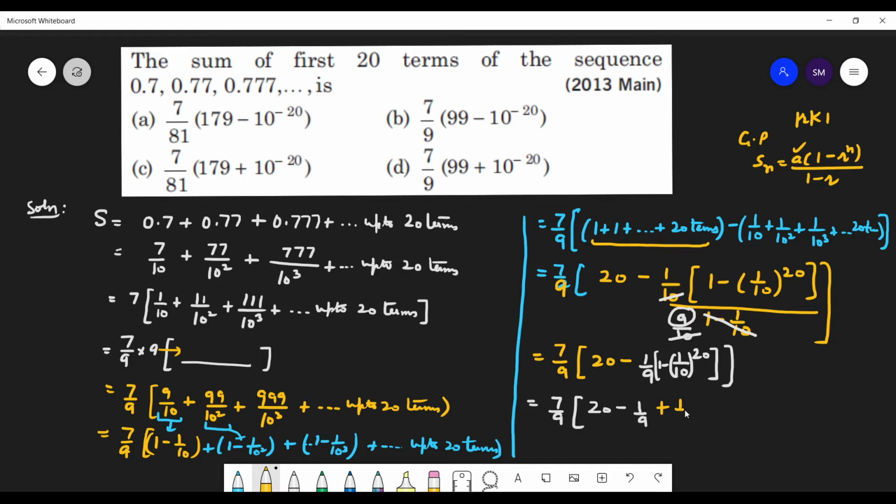If they are in HP, then 1 by a, 1 by b and 1 by c are in AP. Now do the reverse of it. If they are in AP, then they will be in HP. Agreed or not agreed?